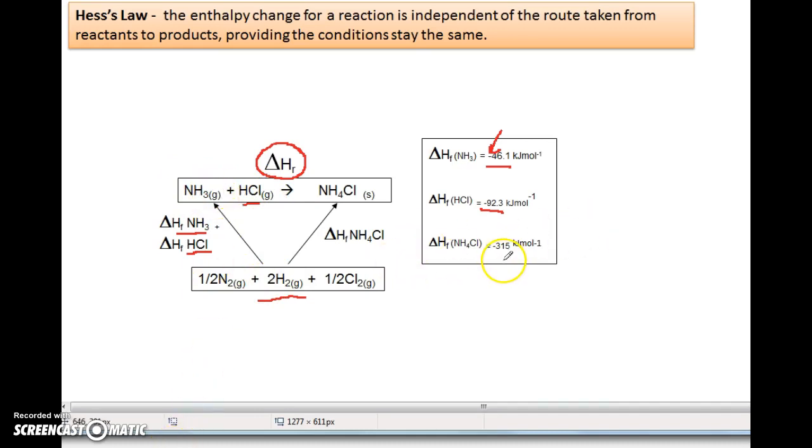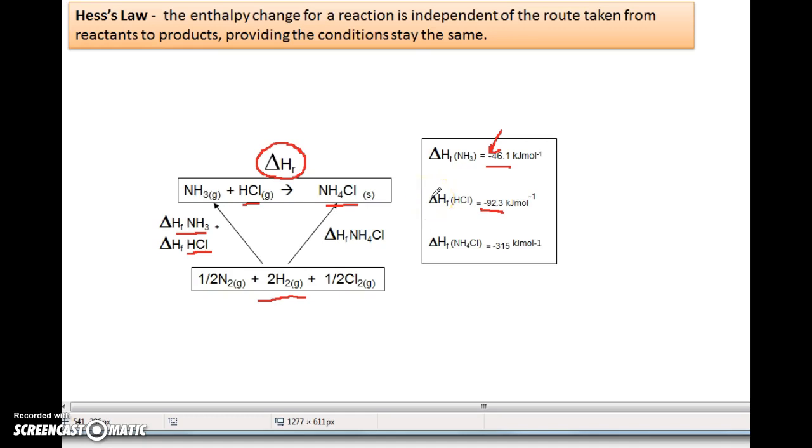We also know how much energy would be released when these elements react to make ammonium chloride. So we know that the enthalpy change of formation of ammonium chloride is minus 315 kilojoules per mole. That's to get from the elements up to the right hand side of the equation there. Let's put all that together. First I'll write the numbers onto the enthalpy cycle just here.